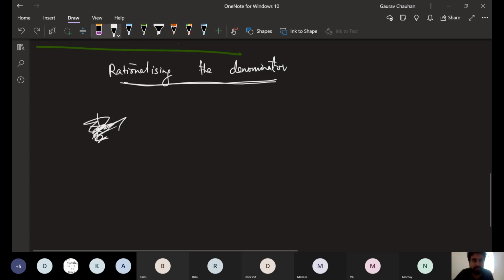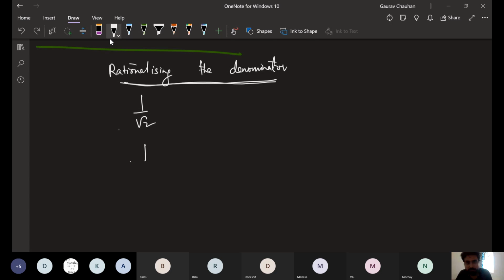Dinesh, whenever we have something like 1 by root 2, or 1 by 4 root 3, or 1 by 2 plus root 3, in any of such cases, the denominator is irrational. Whatever the numerator is, 4 by 2 root 3, 8 by 4, it does not matter.